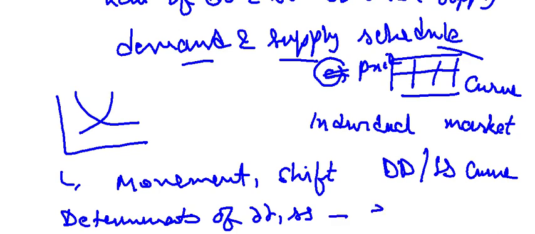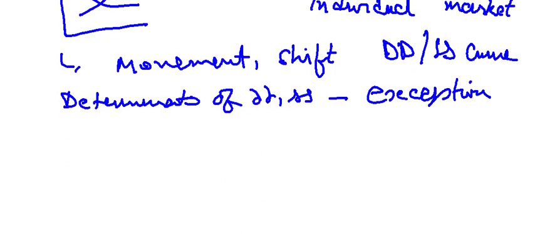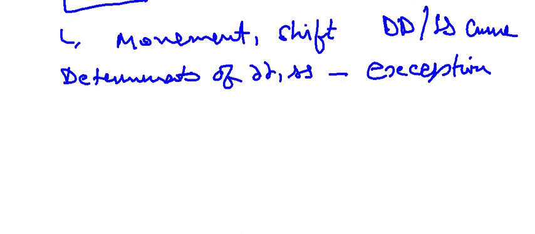Exceptions means here, what are those examples where the law of demand is not applicable. Let's see, there is more to it, so we have to be careful in knowing what all is here. So we have exceptions to the law of demand.